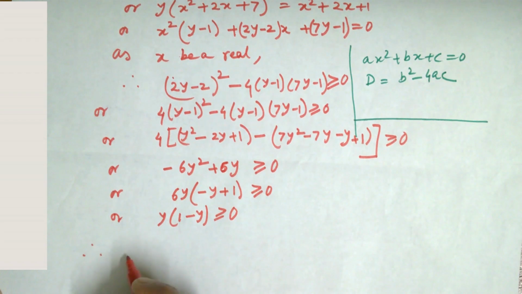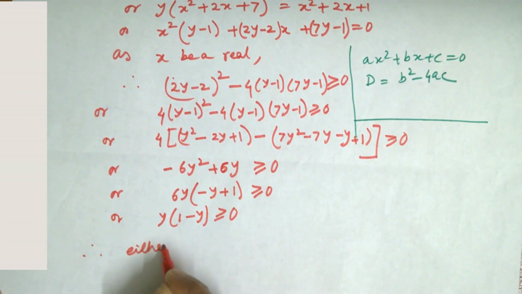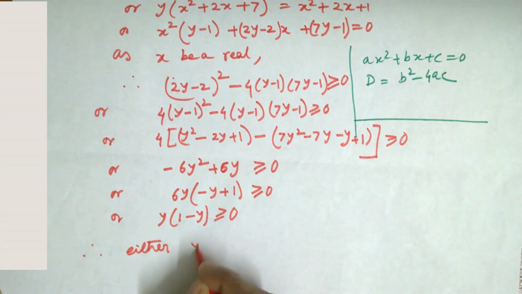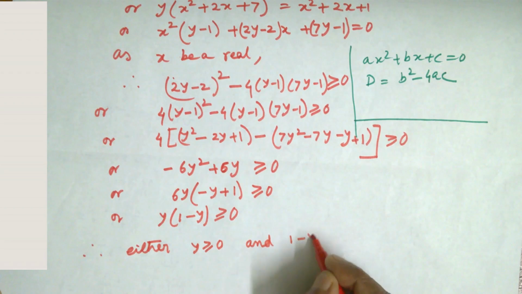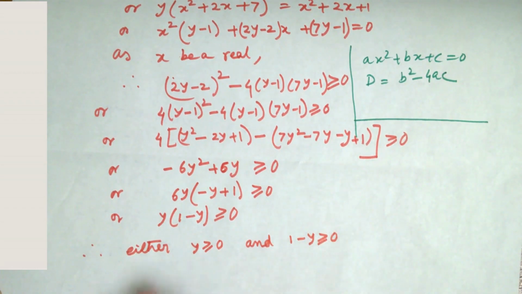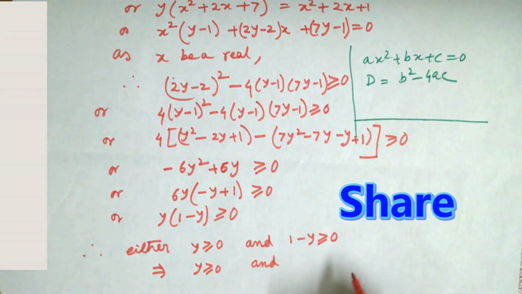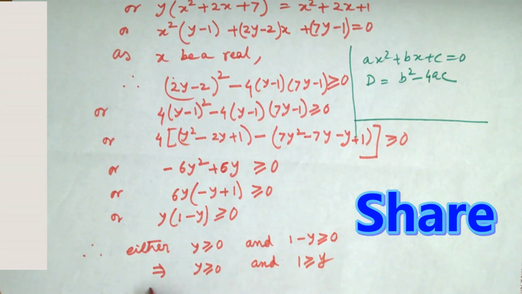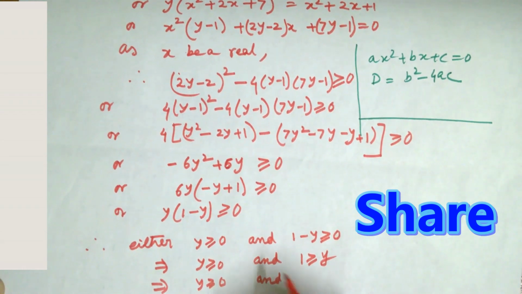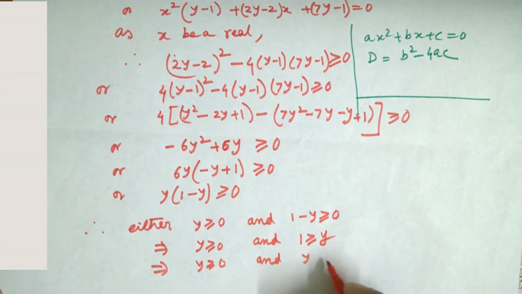Therefore, either y is greater than or equal to 0 and 1 minus y is greater than or equal to 0, which implies y is greater than or equal to 0 and 1 is greater than or equal to y, that is y is less than or equal to 1.